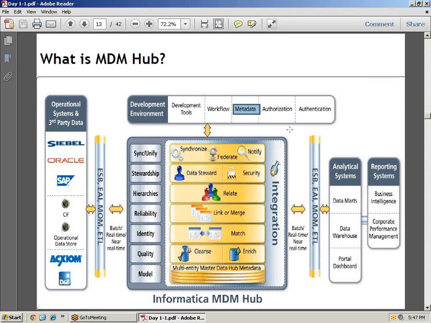There is a simple import operation through which we can integrate a third-party model into this hub. But the prerequisite is that, before we import, make sure the third-party model has the CWM extension, which is Common Warehouse Model.